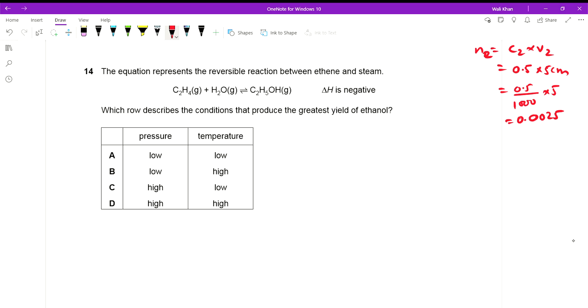So when we lower the temperature, it will favor the forward reaction, the formation of ethanol. Low temperature favors the forward reaction.